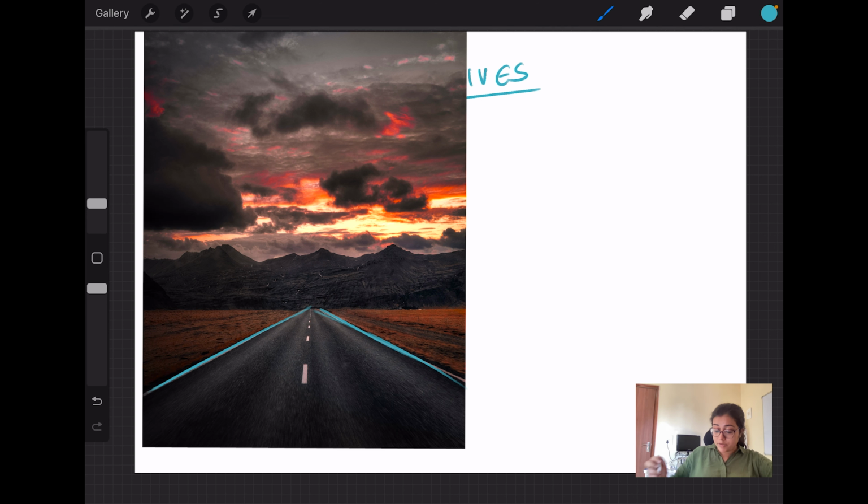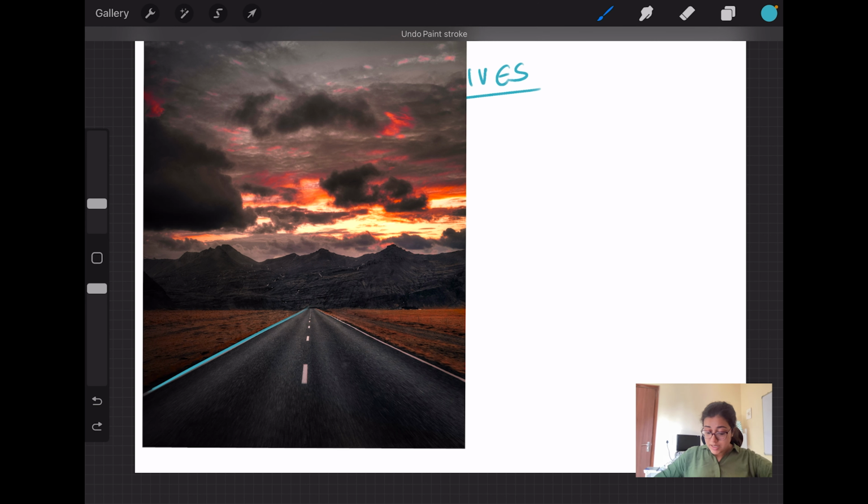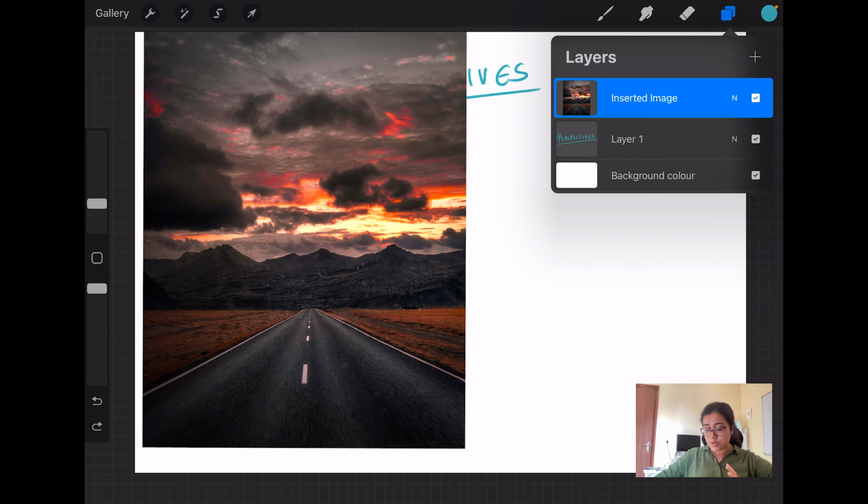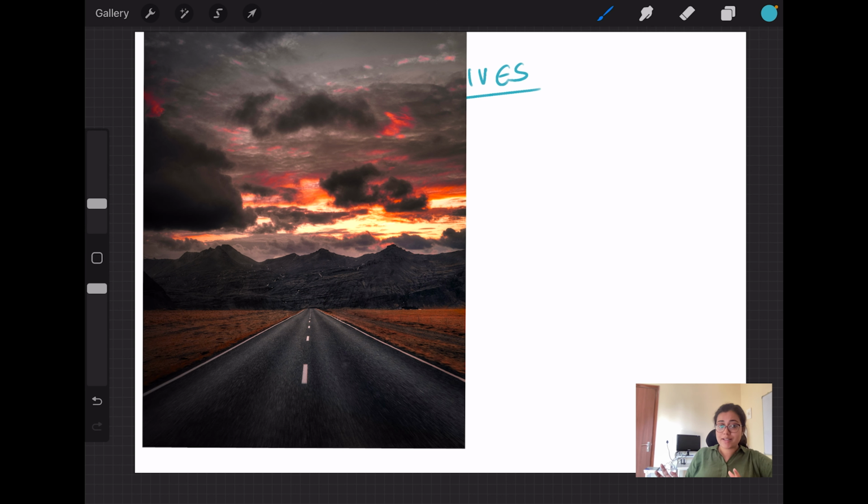I'm going to do it on this image only so that you understand it better. The first term we are going to understand is this line, which is called the horizon, and it is basically our eye level, where our eyes are placed.